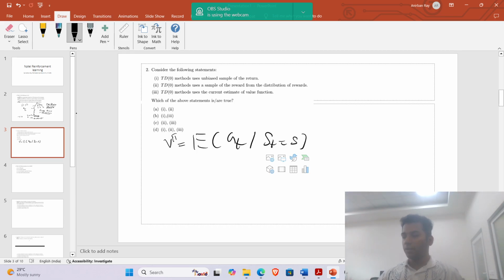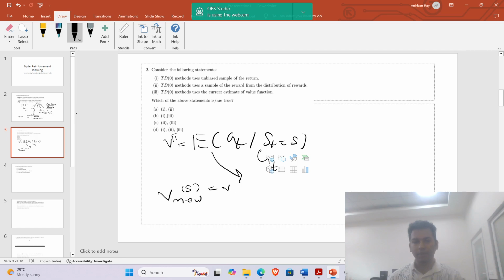Now the situation is that in temporal difference learning we do not want to calculate this expectation explicitly, but want to sample the return values. So say one sample is GT here. And what you do now is, this was the value function, right?